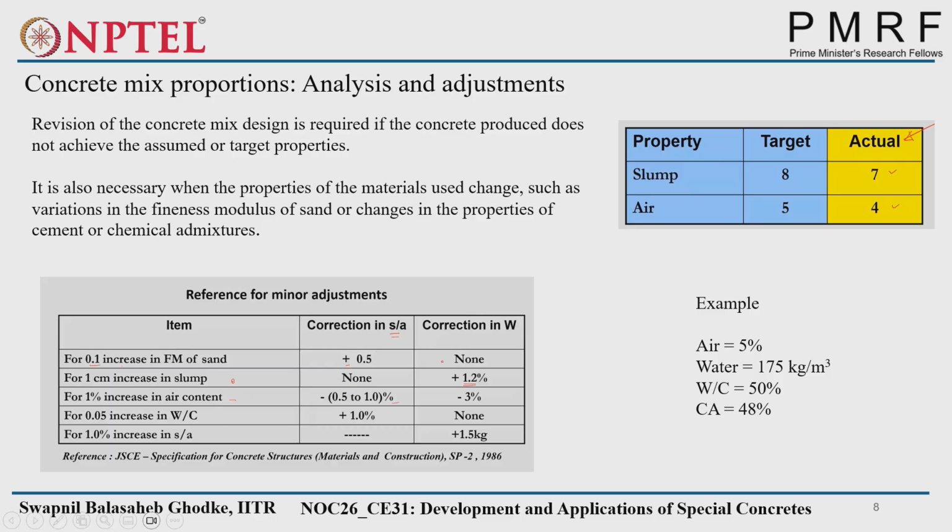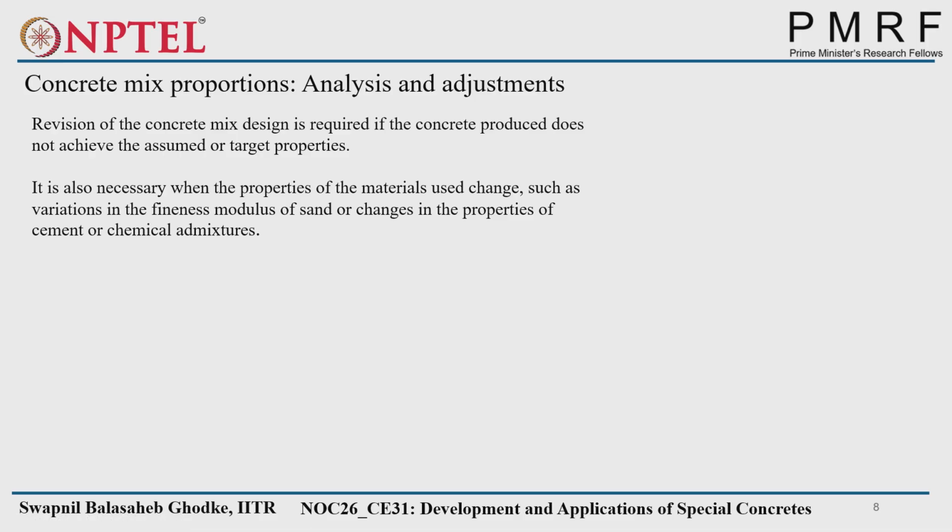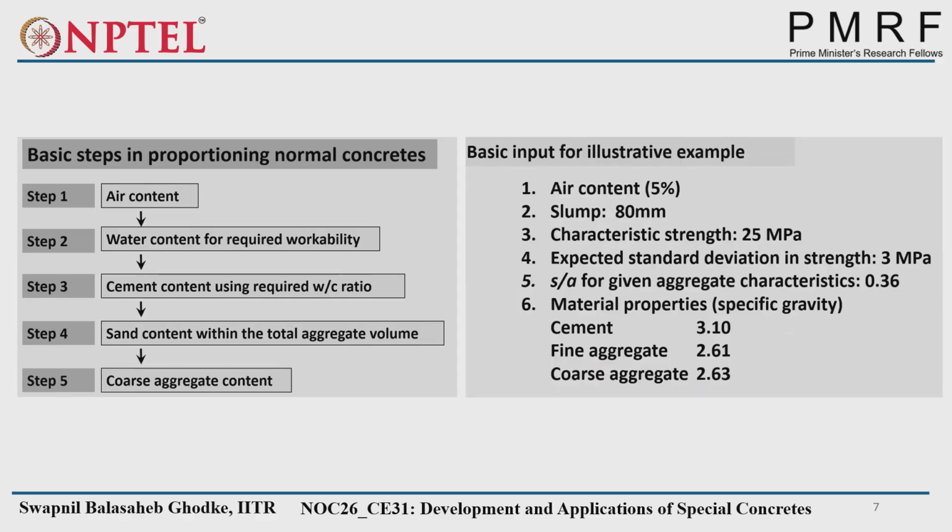Okay, another example. Here air is again 5%, water is 175 kilogram per meter cube, water cement ratio 50%, and coarse aggregate content is 48%. Just take 5 minutes and calculate how much quantities will come, in kg or in liter also.